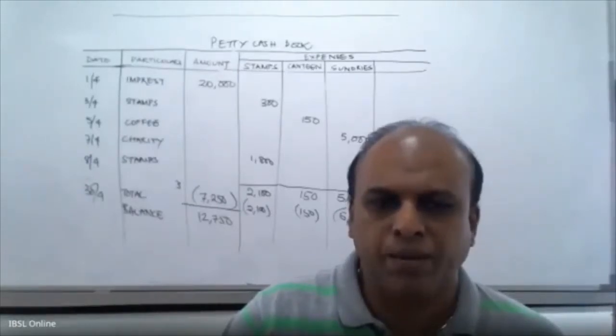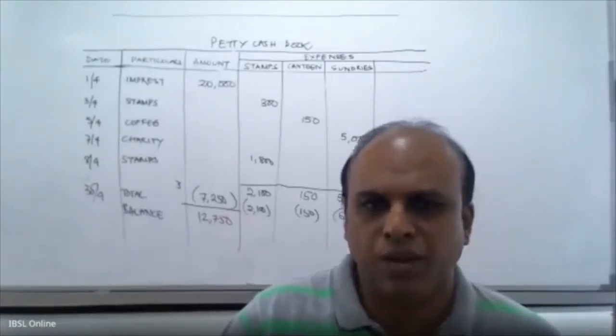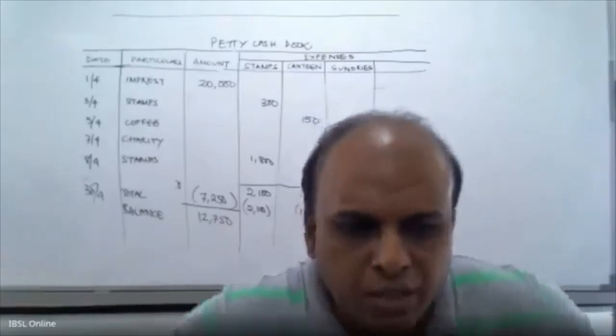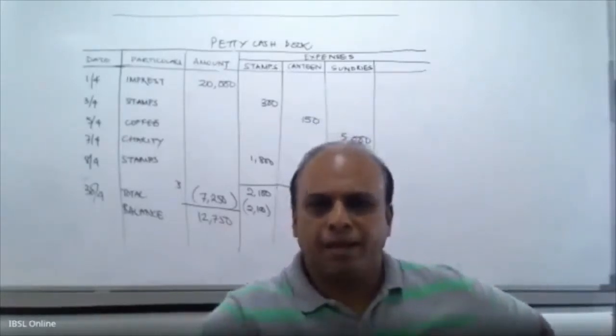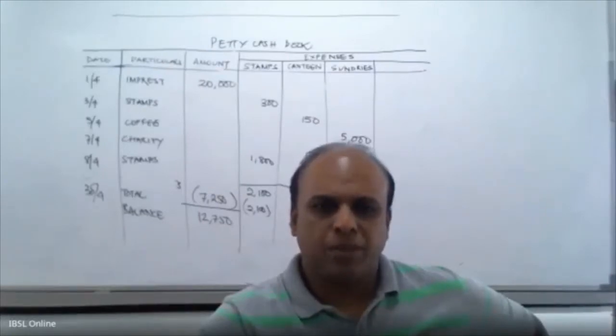Next week, I'm planning to have the bank reconciliation. So I would like you to revise all the work that we have done so far, especially what we learned today. And with regard to the cash book, you have to be very clear because we are going into an important topic, which is called bank reconciliation.